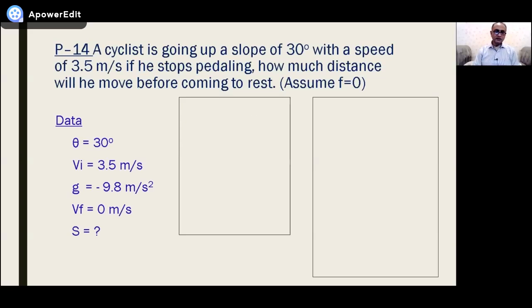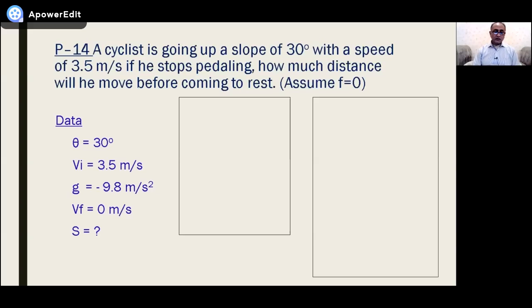Read the question again. See the data. And one more thing, the frictional force is 0.